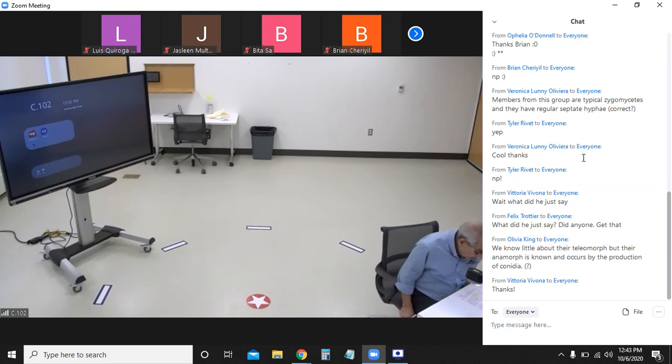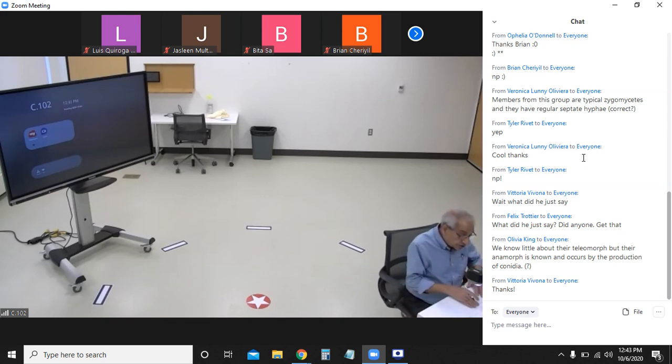Now, as I mentioned to you here, these fungi are extremely important because their spores are for what you call the mycorrhizae.